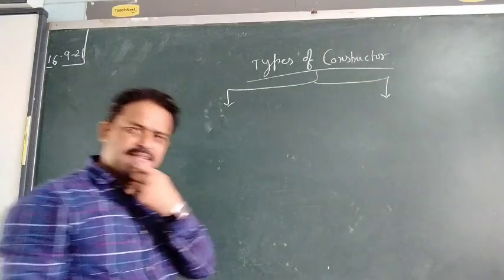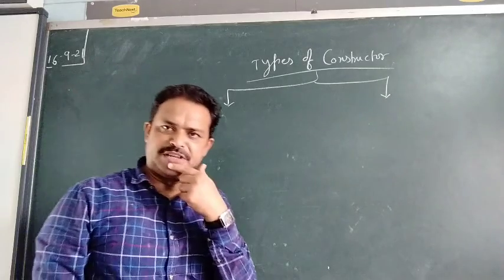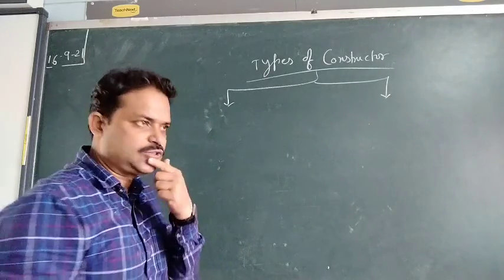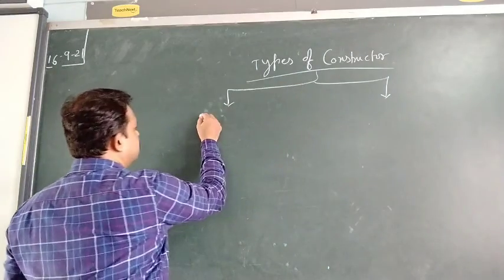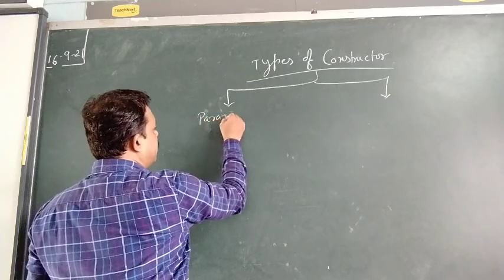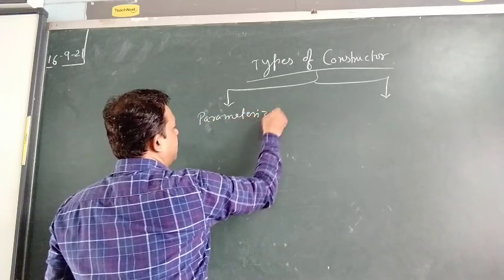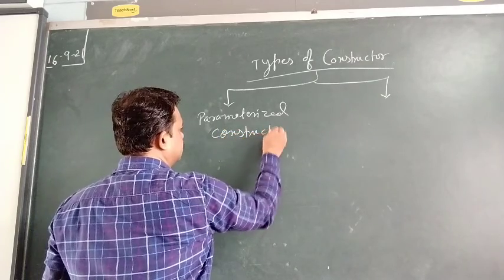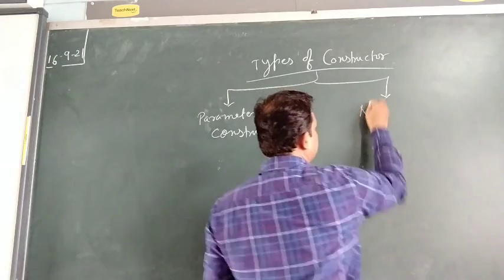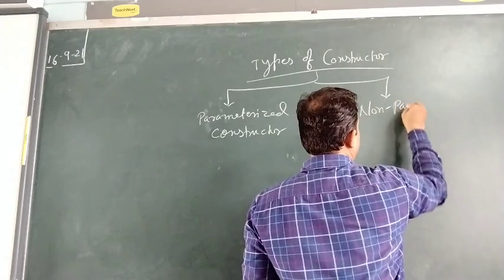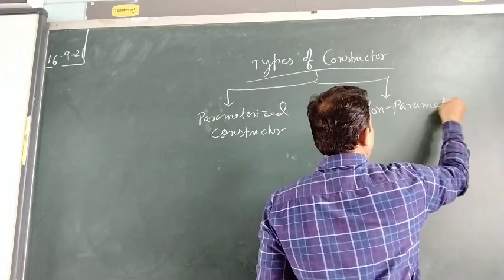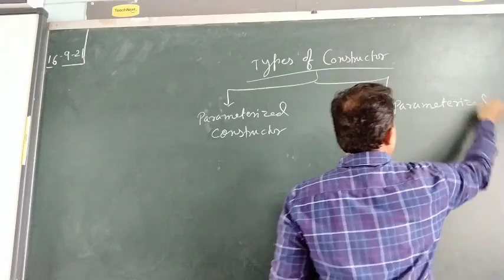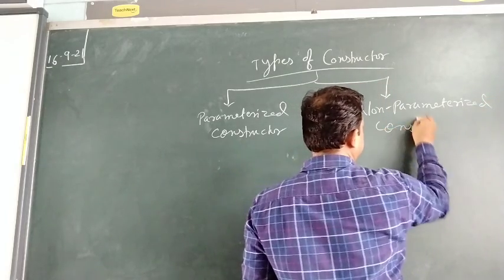In class 10 also we have discussed the same thing, and it is given in class 12 also. We have a parameterized constructor, and the second one is the non-parameterized constructor.